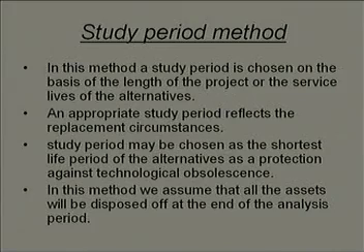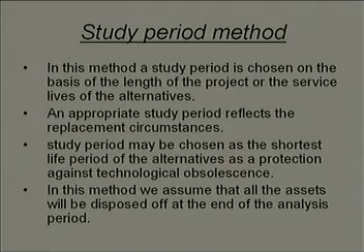First thing, study period is normally taken as the lower of the two values. That is point number 1. Point number 2, in some cases study period could be taken as the lowest also.